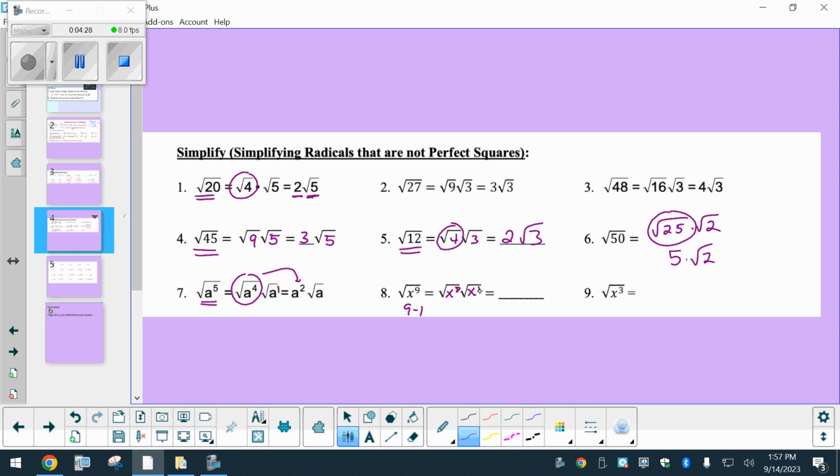Together it should add up to 9. And x to the 8th would be x to the 4th. And then I have an extra x underneath it. So this one, without showing any work, you would have 2 and then x to the 1st. The even one you can pull out. The odd one stays under.